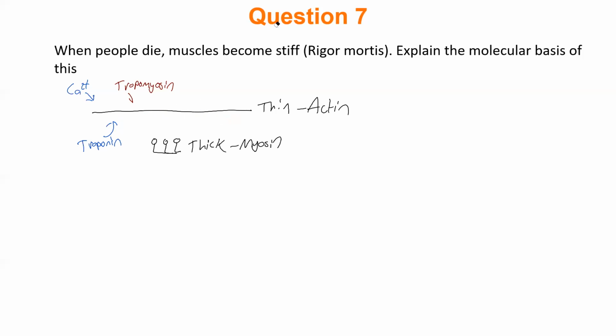And once that falls off, then myosin is free to bind because you have naked actin now. And now you can do the power stroke. So troponin and tropomyosin are mainly regulation, and calcium controls that regulation function. Does that make sense?